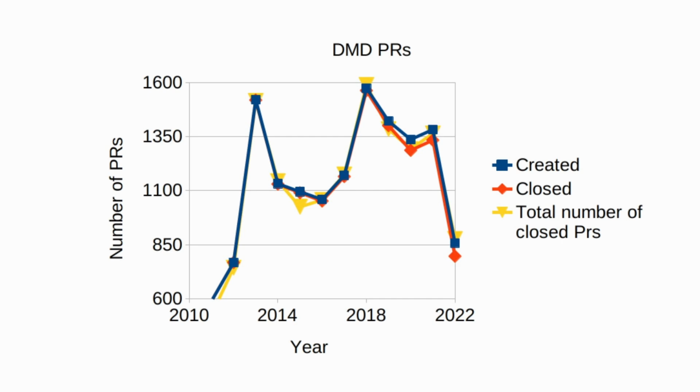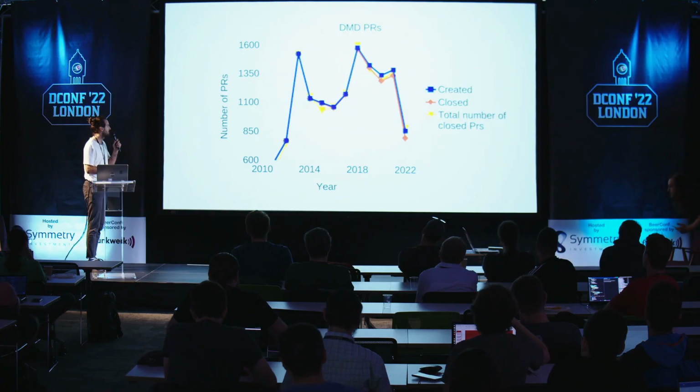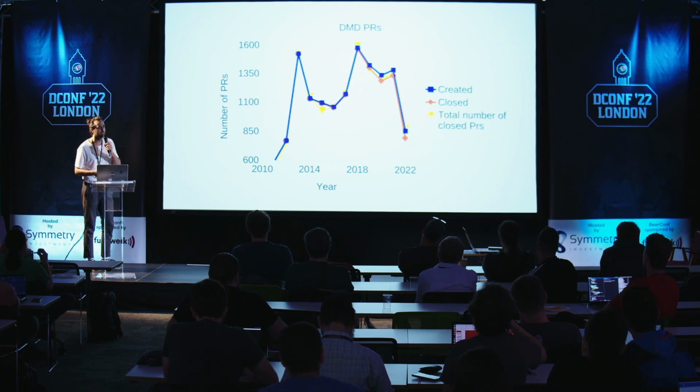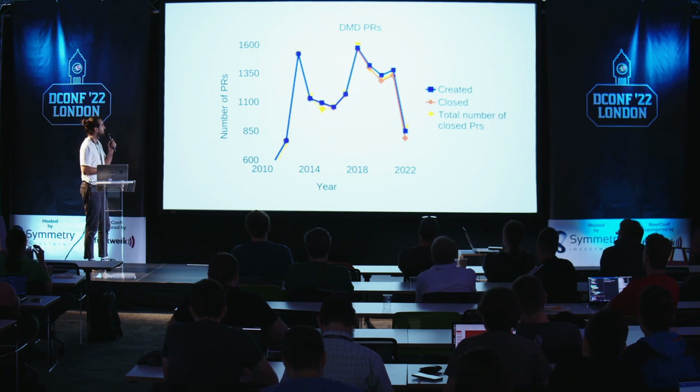So for example, in this year, we didn't close all of the bugs that have been created in that certain year. And maybe here we've fixed more bugs from the past. So essentially, it seems that the activity closely follows. Right now we have around 200 open PRs in DMD, which are mostly coming from the back.